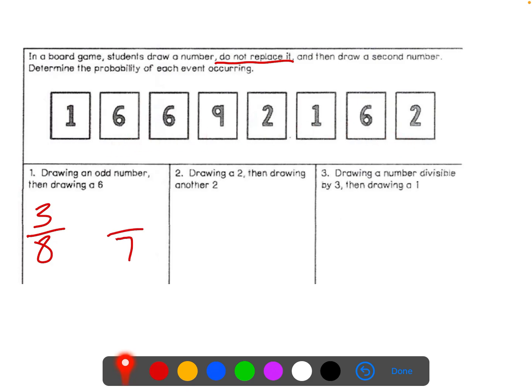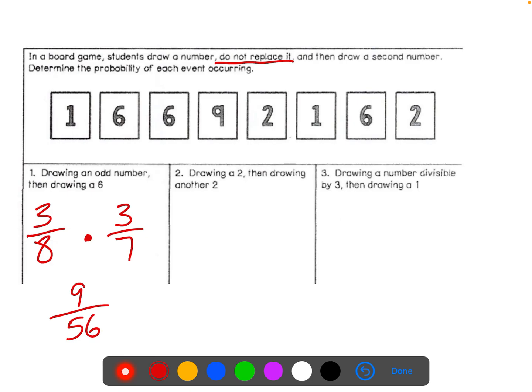And then drawing a 6. 1, 2, 3. There's 3 6s there. All right. We wouldn't have drawn out a 6 in this case with our first one because 6 isn't an odd number. So we'll take these two probabilities, we'll multiply them together and get 9 out of 56 as our probability. Okay.